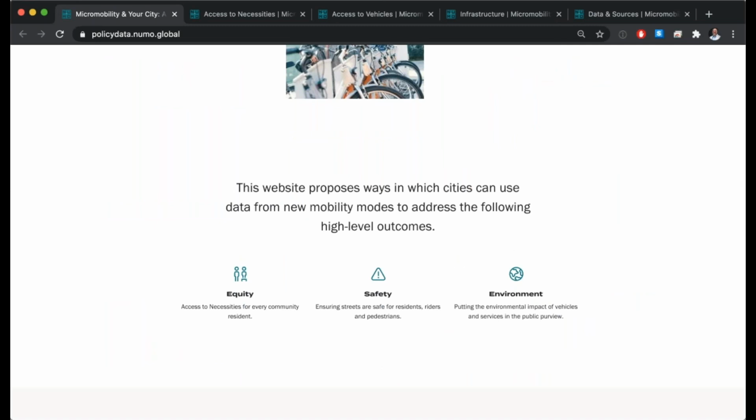The goals were to be really specific about what those uses for data can be for cities and operators, to begin to create some standardization between those two entities so that they are looking at things in the same way more frequently and more consistently, and also really about transparency, for the public, for advocates, for everyone really to be able to get a better sense of what's happening as these new modes are being introduced in our communities.